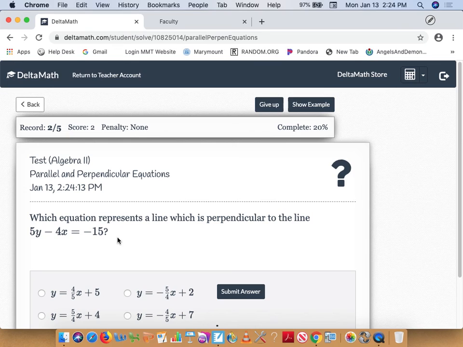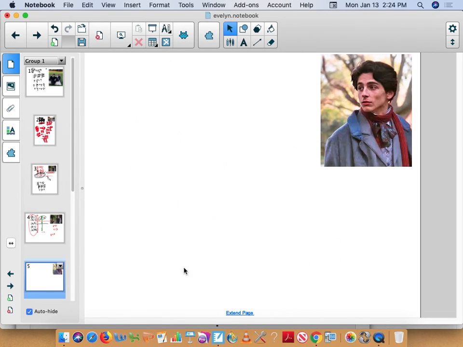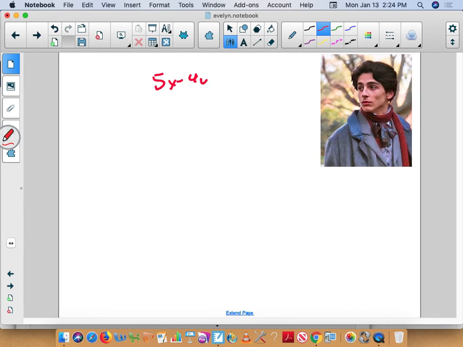So let's write this one down. 5x minus 4y equals -15. You'll have more homework on this tonight. 5x minus 4y equals -15. We did this the other day with the little sign, the perpendicular. What does that say to you?